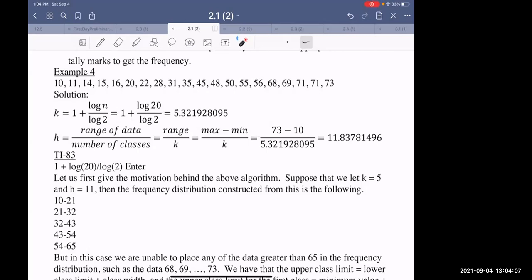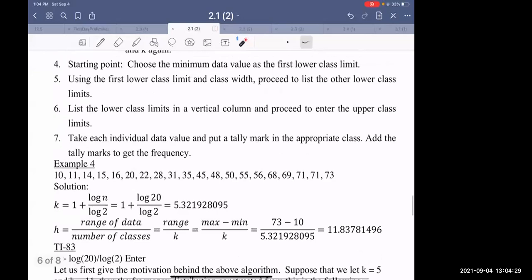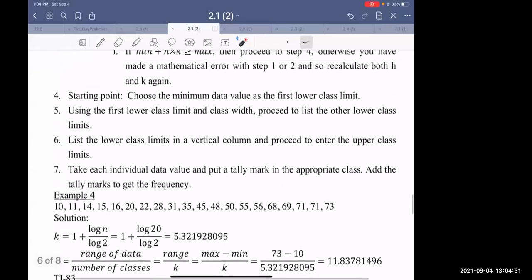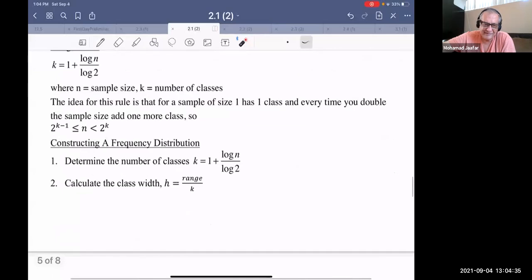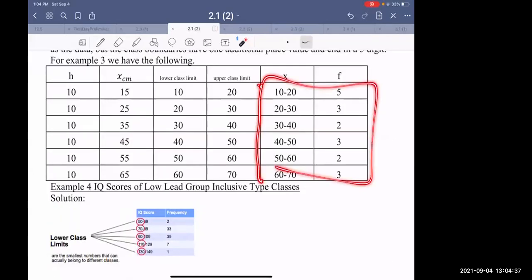But now the question is, K here is the number of classes. Can you have 5.32 classes? Can you divide this into 5.32 parts? No. In other words, I want to find a class, and I want this number of them.